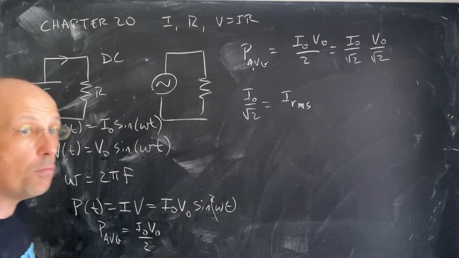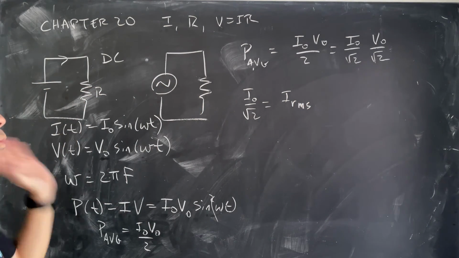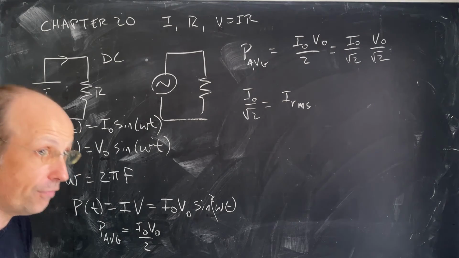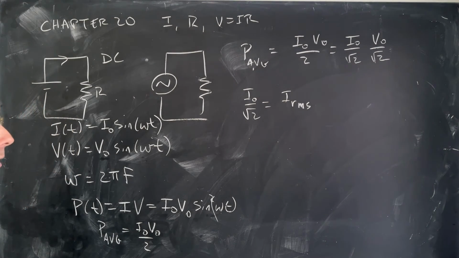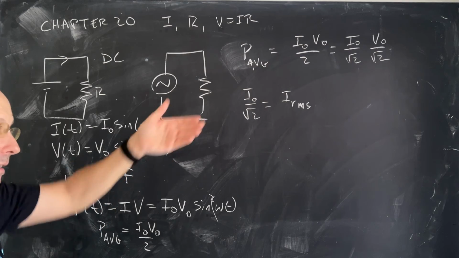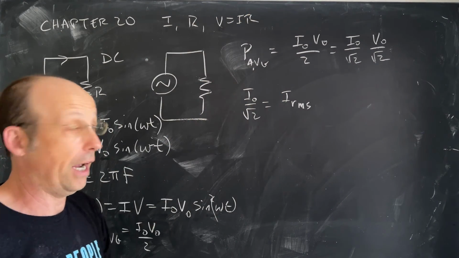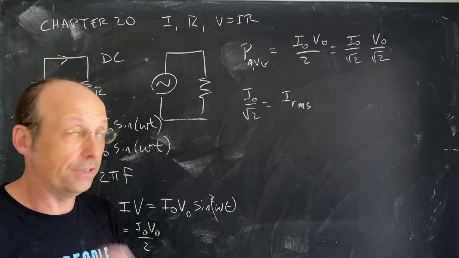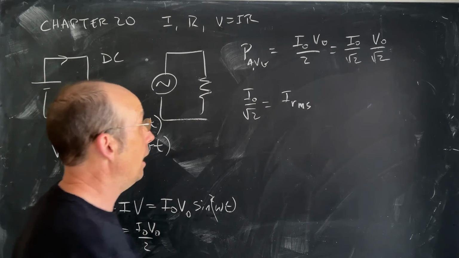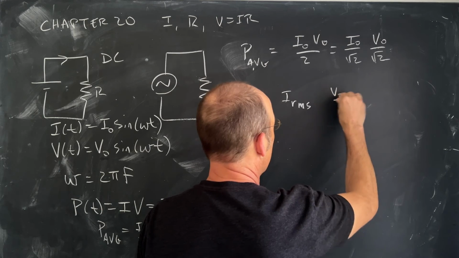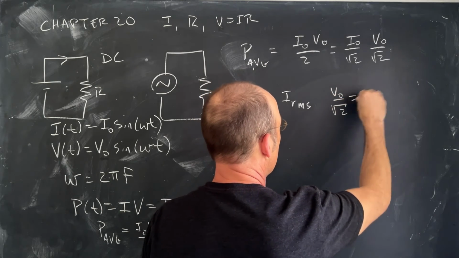I'm going to call that I RMS. That is the root mean squared of the current. It's a way to describe the average value of the current, which is actually 0, but describe that it's not 0, right? Because the current's going to be as much positive as negative. It's going to have a 0 average. So the RMS is not 0. It tells you something about the current, though. And the same thing for this: V0 over the square root of 2 is V RMS.